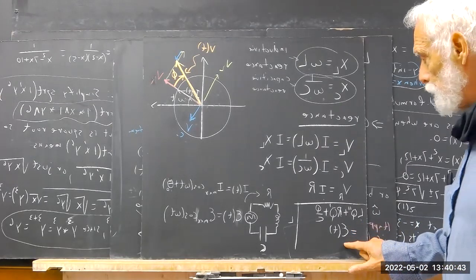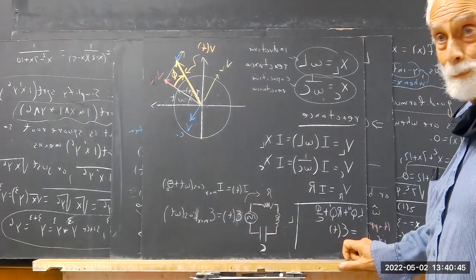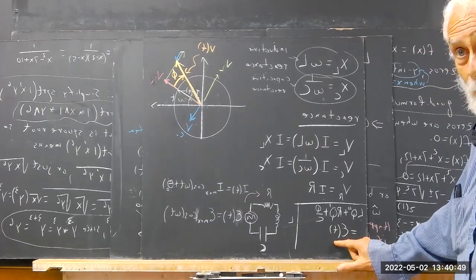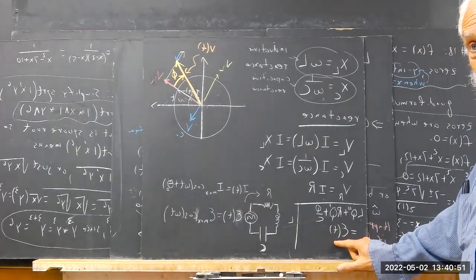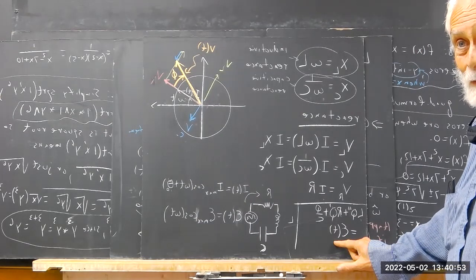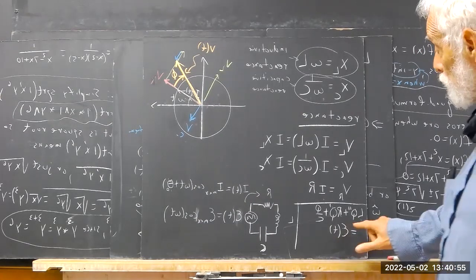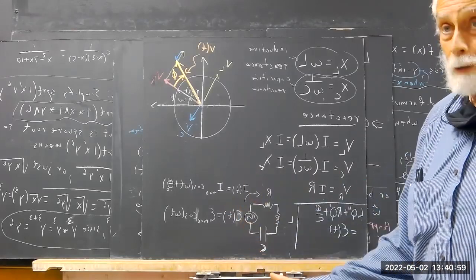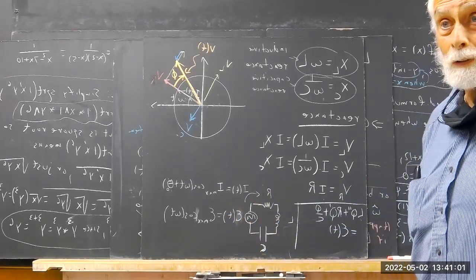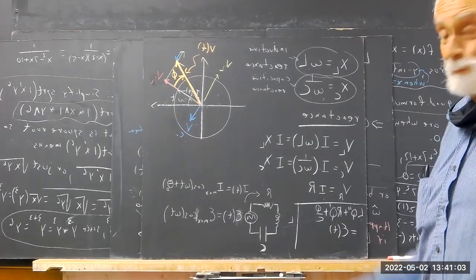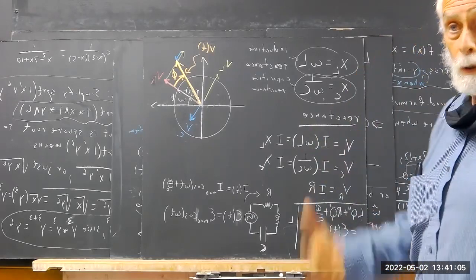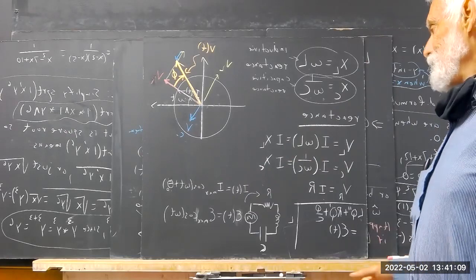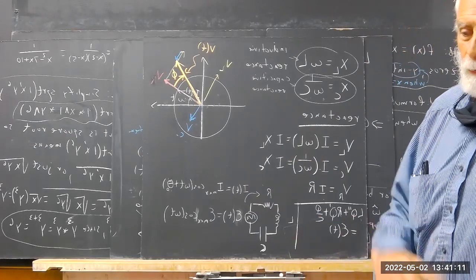If your E of t is not sinusoidal, then it's a little more complicated unless you want to use Laplace transforms. It's very easy to Laplace transform this equation. It gives you a simple algebraic equation, a quadratic equation, okay? Then you could solve it for a square wave or triangular wave or sawtooth.